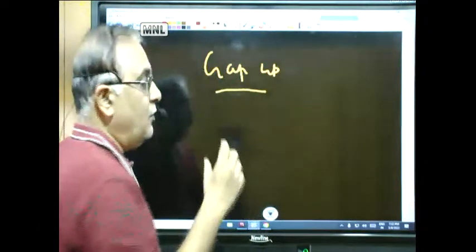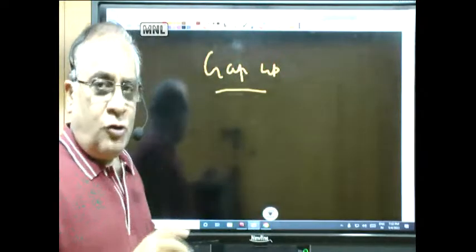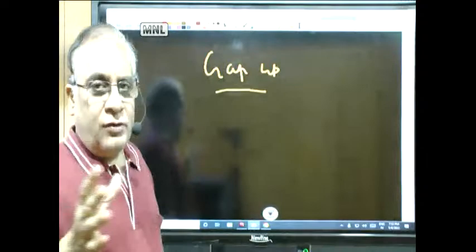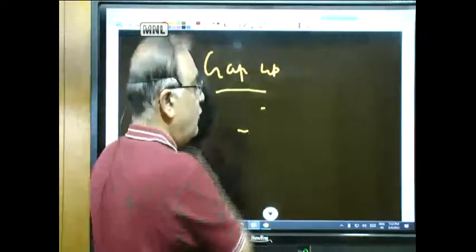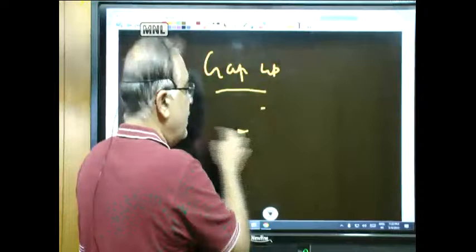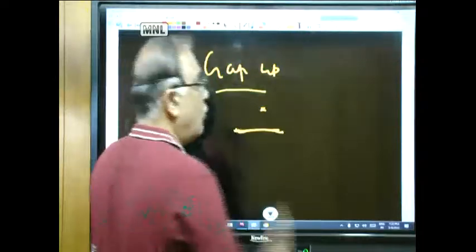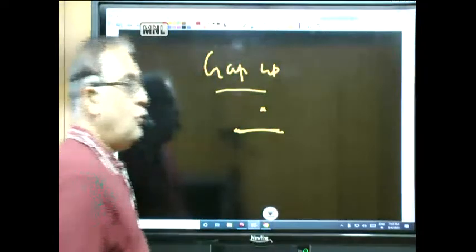I'm not talking about yesterday's high and today's low. I'm talking about yesterday's close price and today's open price. Then in that case, you can go long, keeping yesterday's close as a stop loss.